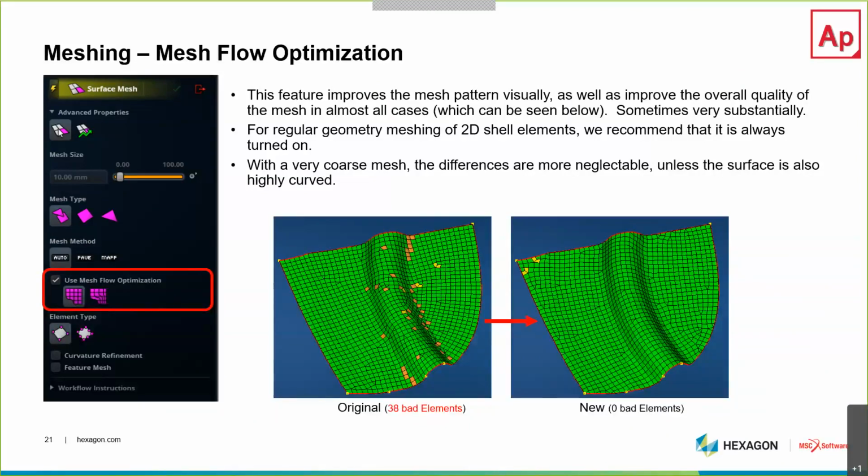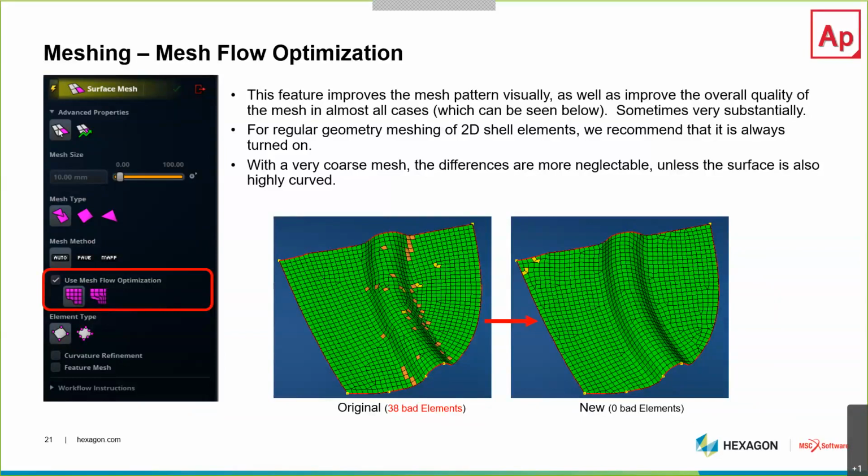And you can see an example of that. This is just a very simplified version, but we wholeheartedly suggest that everybody on the phone use mesh flow optimization, because chances are good that you're going to get a much better mesh if you do. Now, because this is brand new technology, we decided to not change this to the default behavior. We probably will in the future, assuming all goes as planned, or we might.